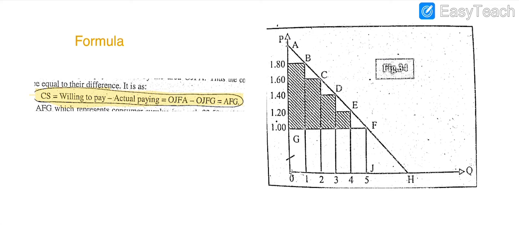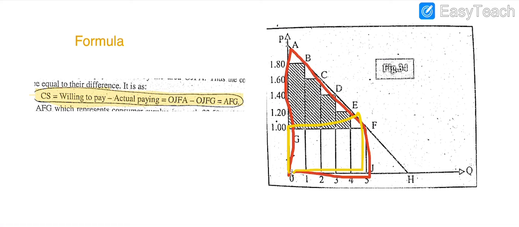You can see here, like this. This was the area which the consumer was willing to pay, and what he is actually paying is O, G, F, G. This is the area which the consumer is actually paying.